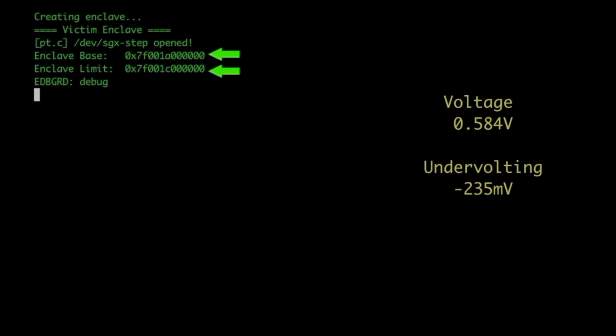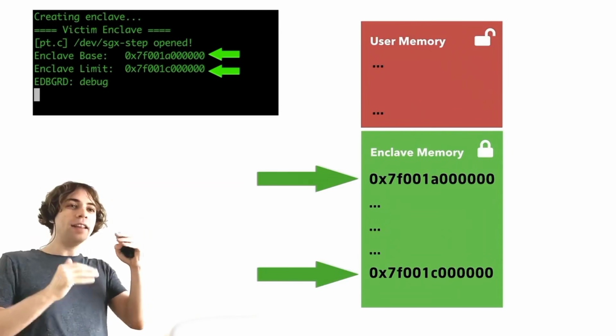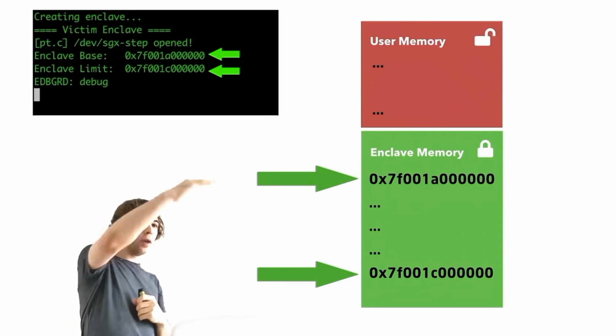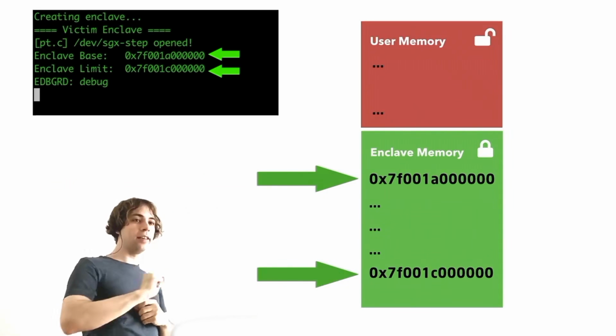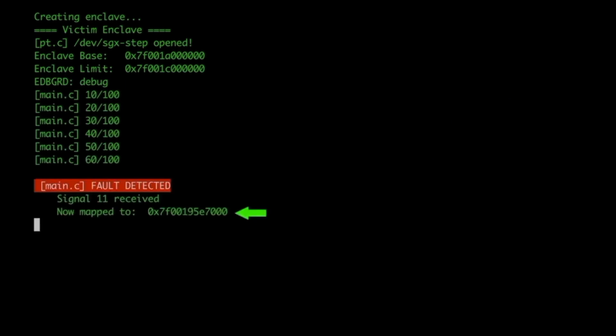Okay, so in this example, we have an enclave with a base and a limit. Within this region is secure memory that the attacker cannot read. Staying between here and here is secure. Now, if we run this many, many times, we will see that at some point we have a fault.